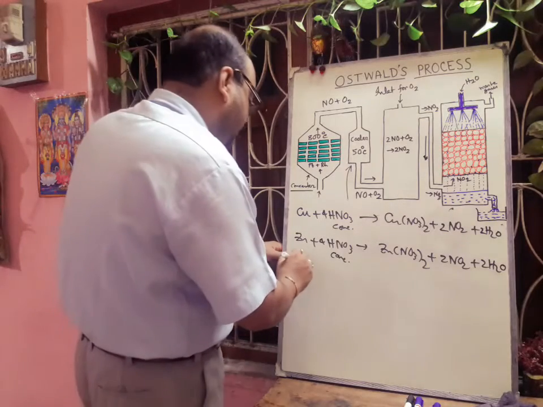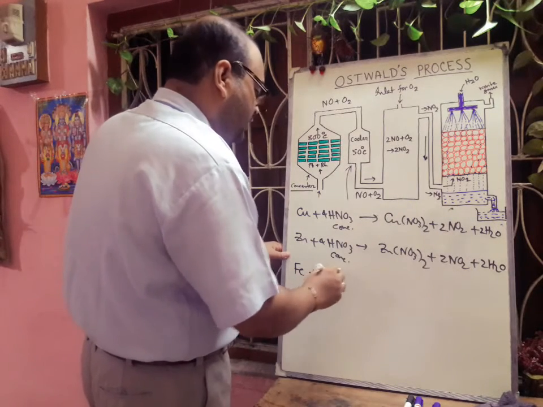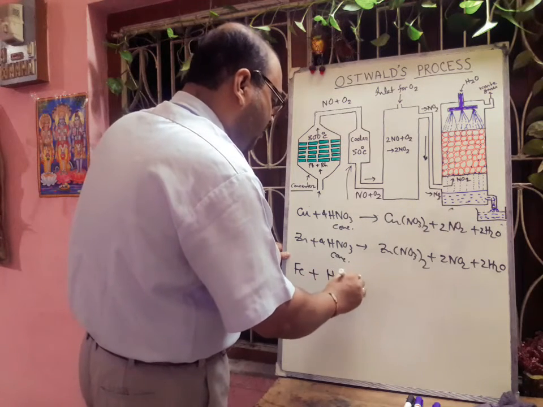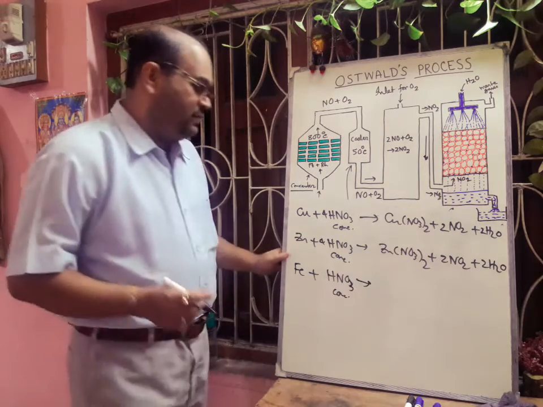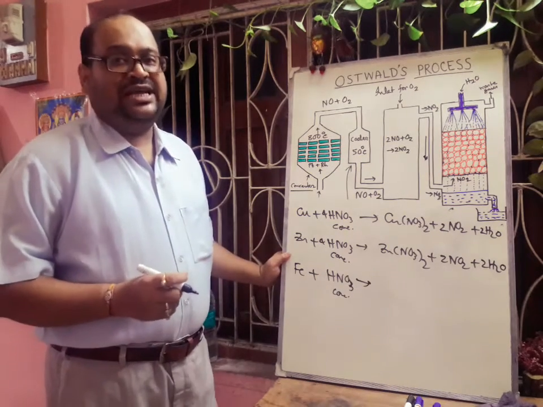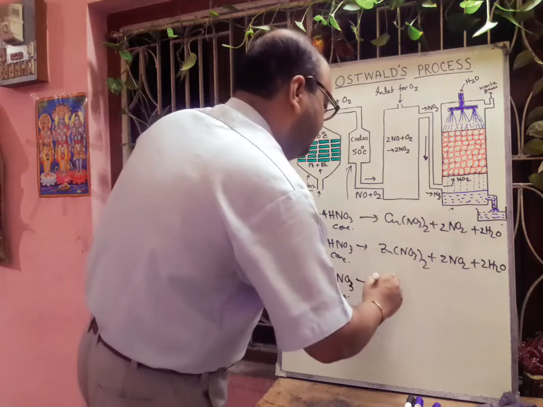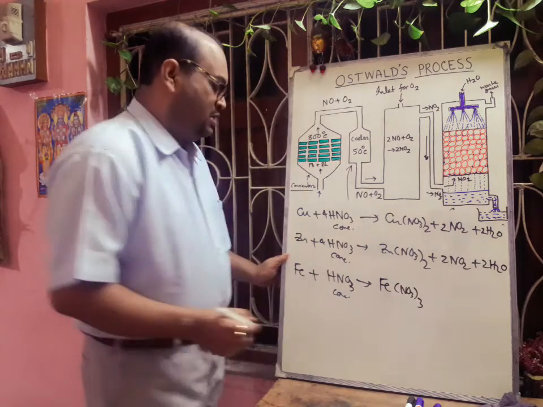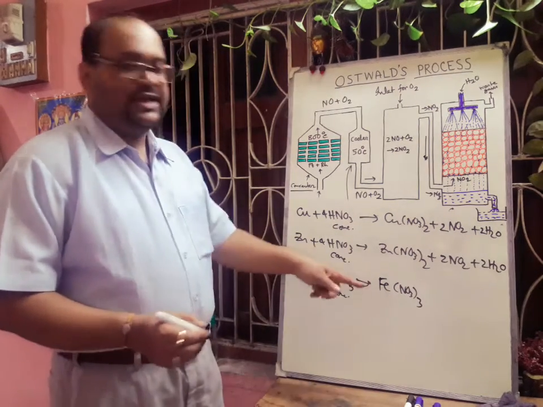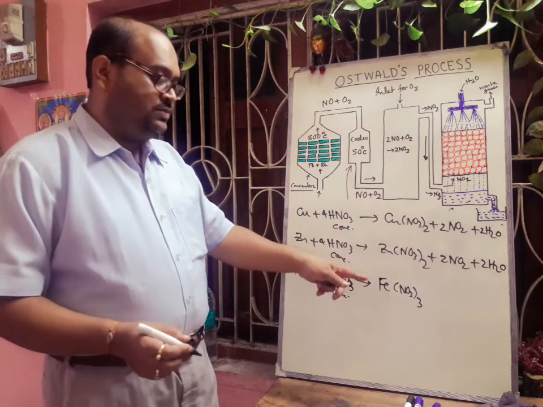But if we take the iron, it will react with concentrated nitric acid and it will form ferric nitrate, Fe(NO3) whole thrice, because it will not stop at the ferrous state, it will oxidize the ferrous to ferric.